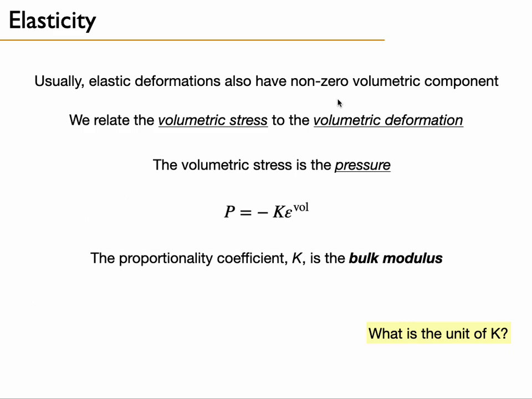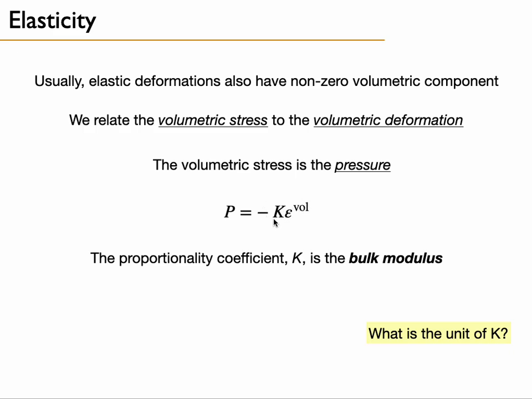In elasticity, there is also a non-zero volumetric component. So one can relate the volumetric stress to the volumetric deformation. This is the definition of the pressure. And you see that the pressure is related to epsilon vol, which we learned to compute last week.